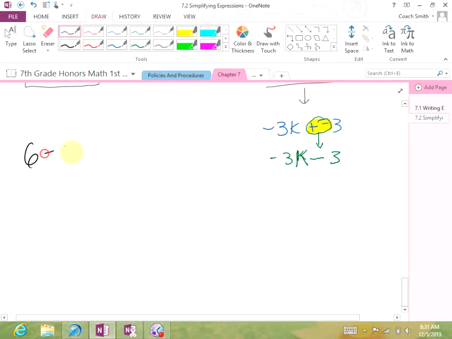6 minus 2L minus 7 plus 3L. Okay, do that one on your own. First thing you have to do is change all subtraction to addition.